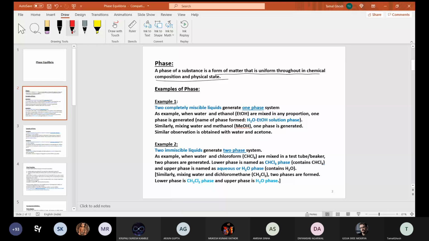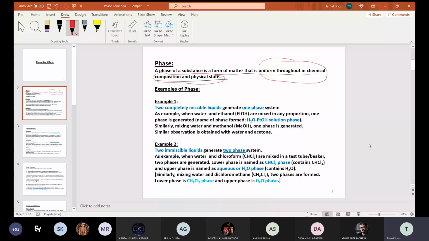This definition is a little bit not easy to understand, so with the help of a few examples, we'll try to understand how this definition is applied for particular examples.